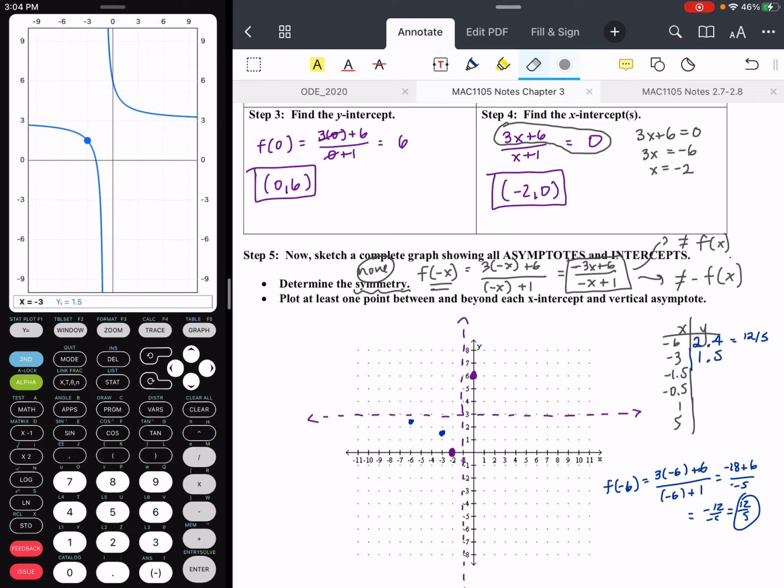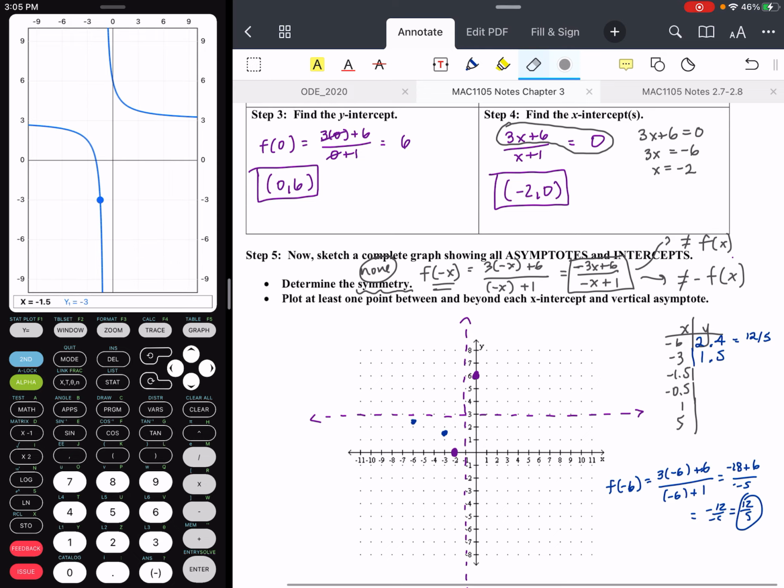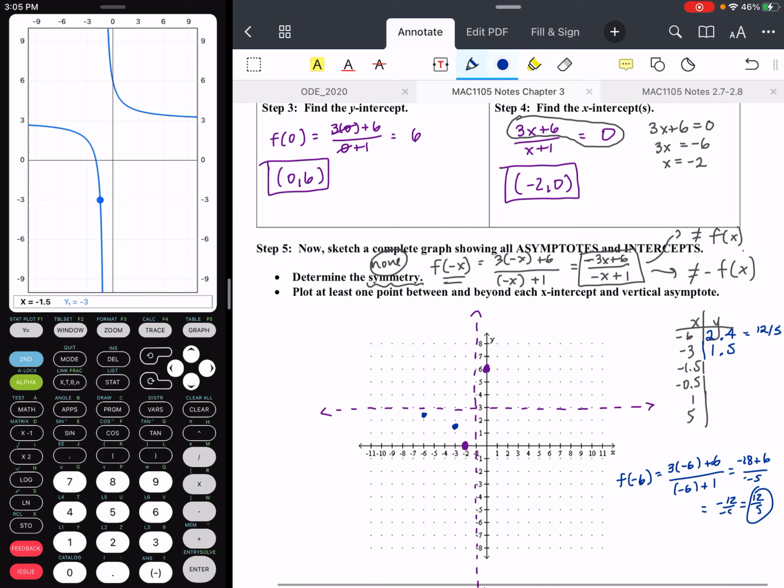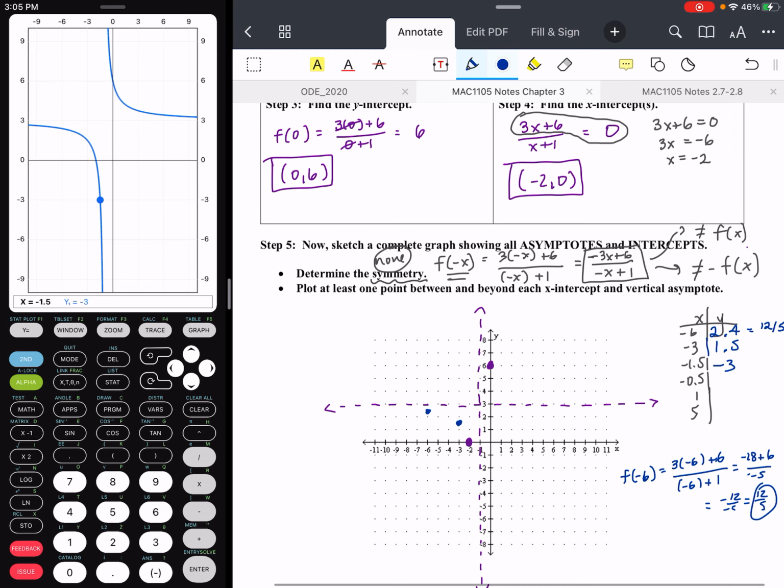So if you're drawing anything weird, that's a warning sign that maybe you screwed up somewhere, like I just did. Okay, negative 1.5 for x gives me a y value of negative 3. So negative 1.5, and then negative 3 down there. So we can go ahead and skate along these asymptotes. Sorry, that's so wiggly.